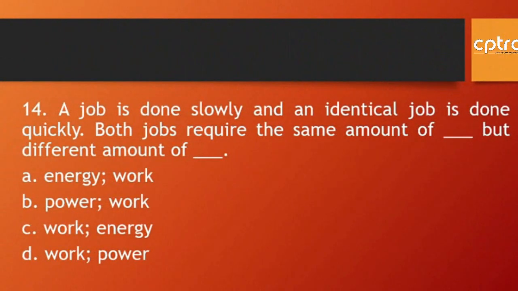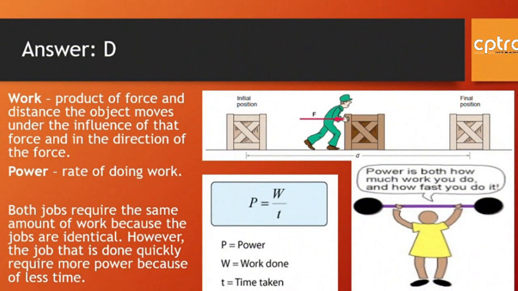14. A job is done slowly and an identical job is done quickly. Both jobs require the same amount of blank, but different amount of blank. The answer is letter D. Work is defined as a product of force and distance the object moves under the influence of that force and in the direction of the force.